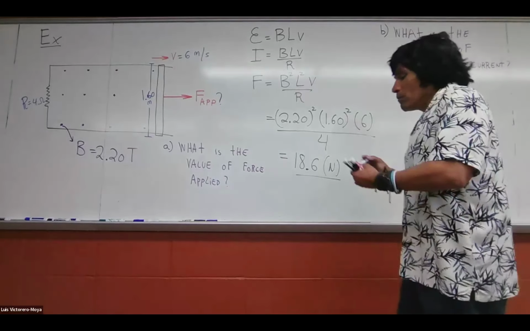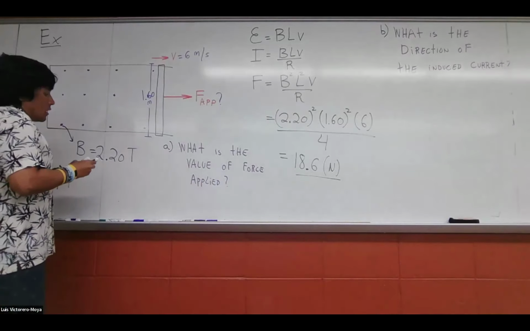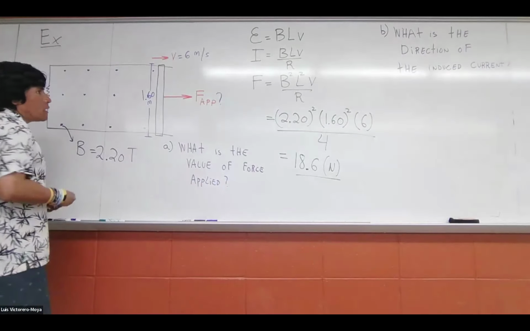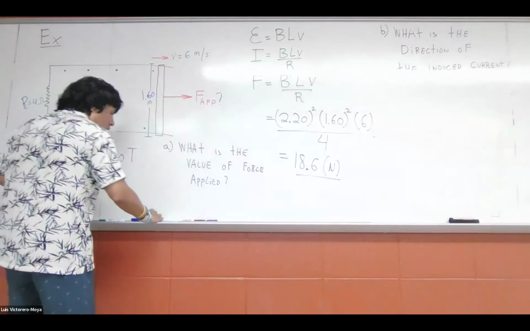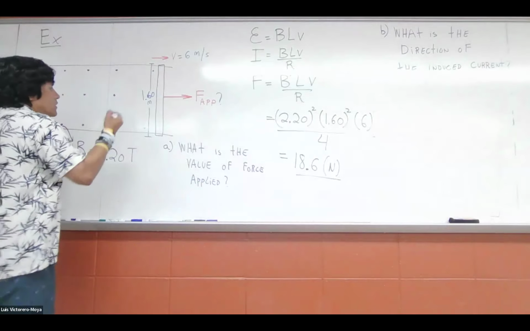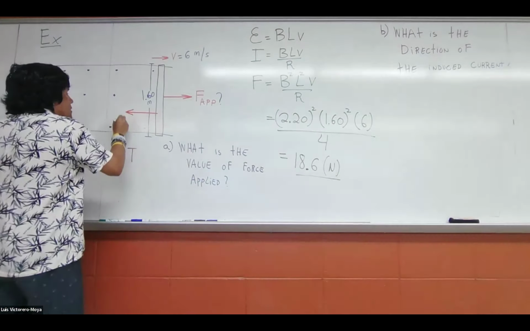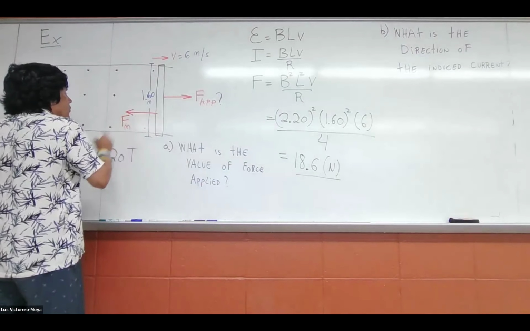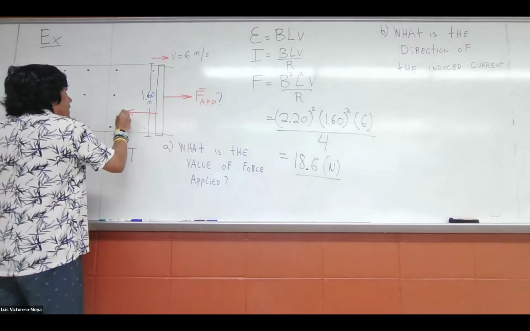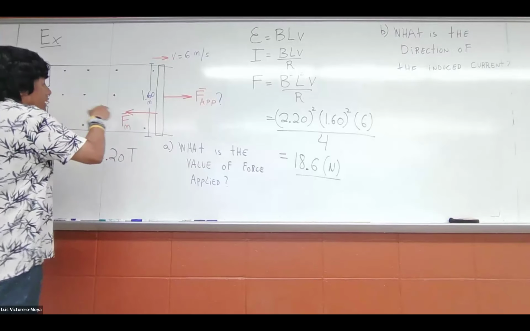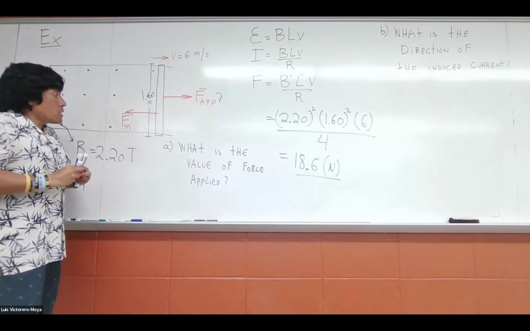Okay, so by Lenz's law, if the force applied is to the right, the magnetic force must be pointed towards the left. That should be my magnetic force. So apply force vector to the right, magnetic force vector to the left. The field is towards you, out of the page.